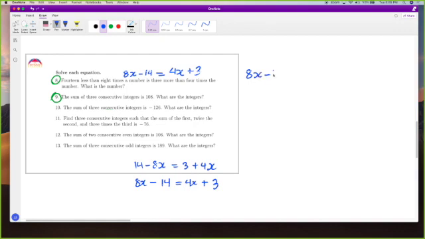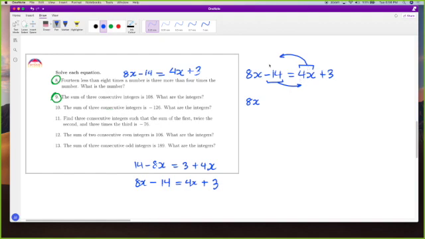8x minus 14 is equal to 4x plus 3. What I could do is I could bring all of my x's on one side. So I'll throw the 4x on this side, and I'll throw the negative 14 on this side. So what will I get? On this side I will have 8x, and this 4x is a plus 4x on this side, right?